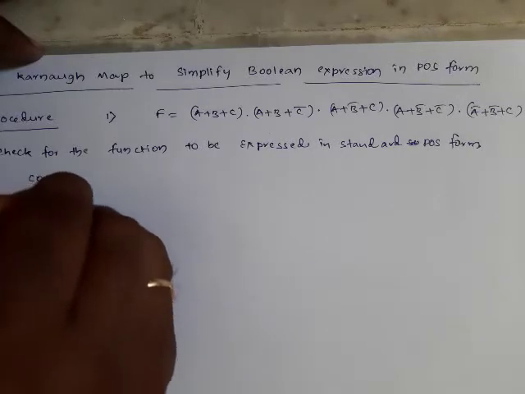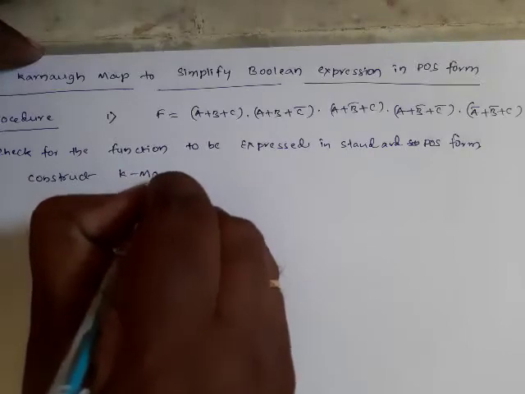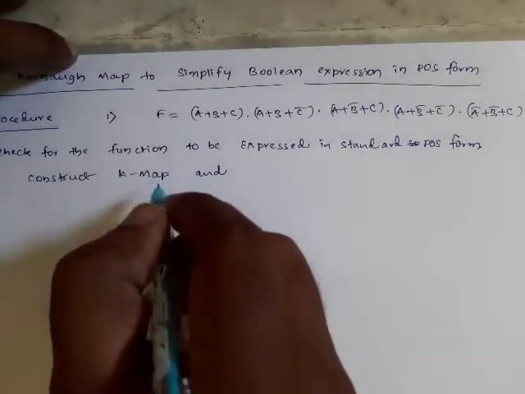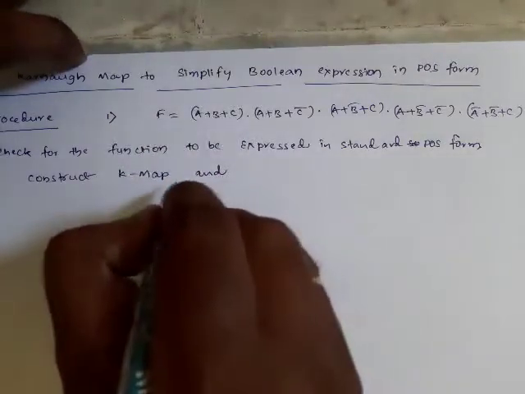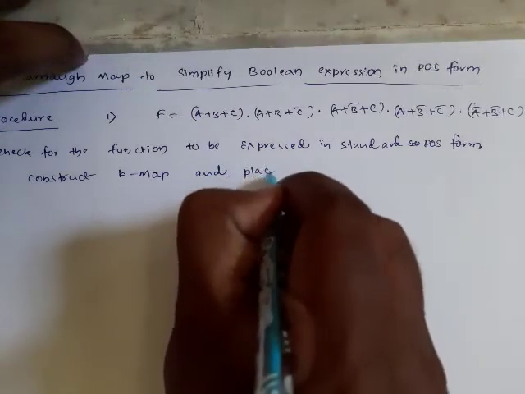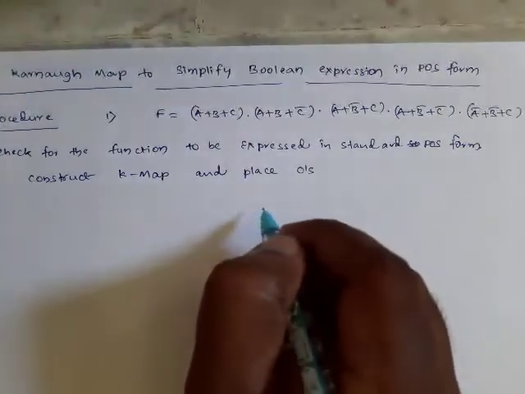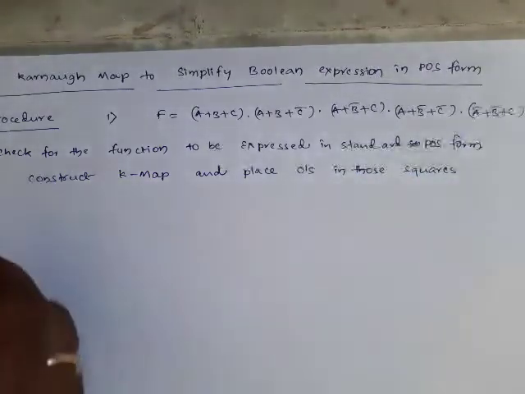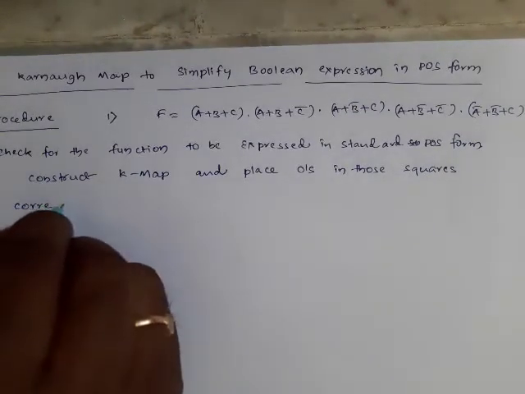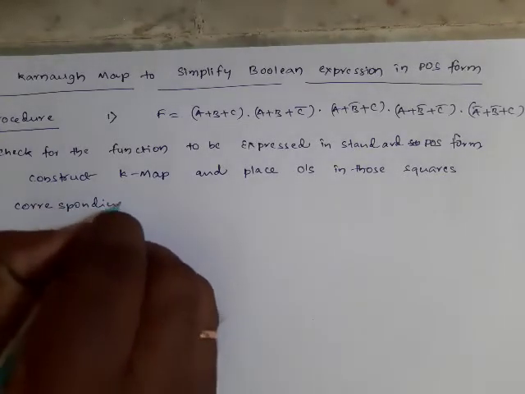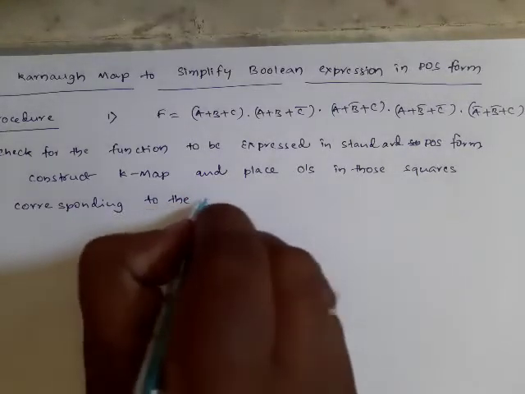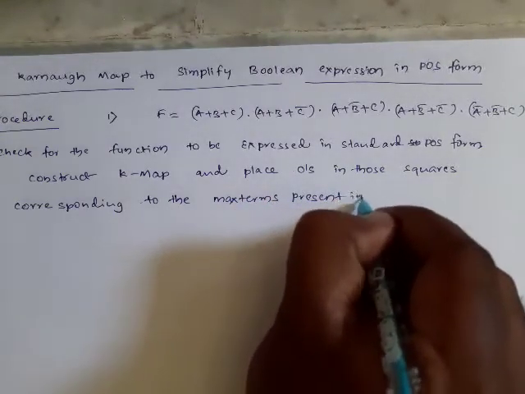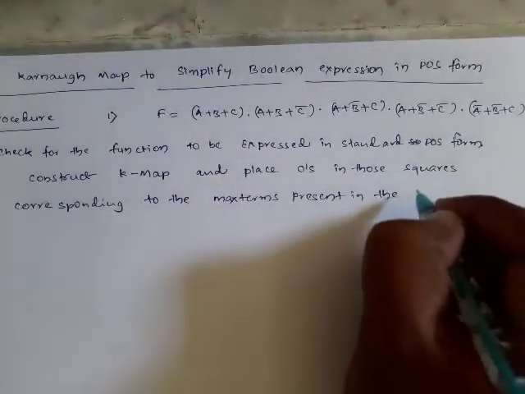Next, construct the K-map. The K-map will be constructed like we constructed previously, but here the change is to place zeros in those squares and cells corresponding to the max terms present in the expression.